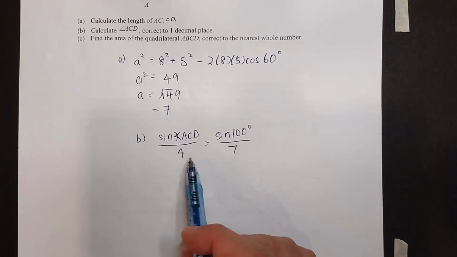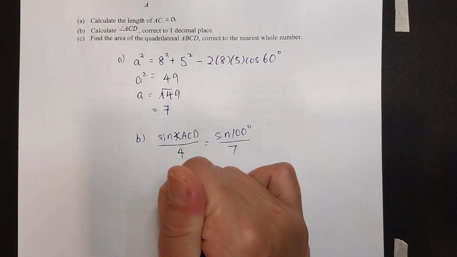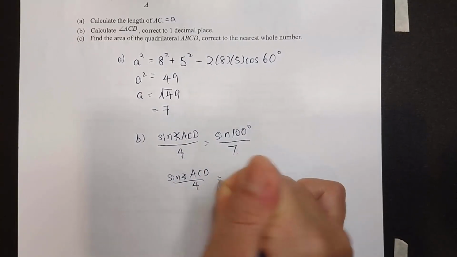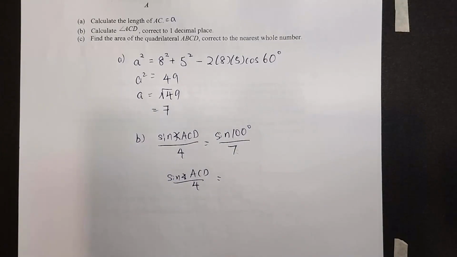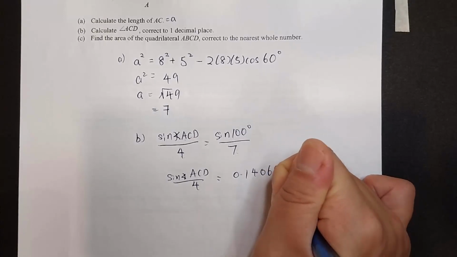What we need to do is cross multiply the 4. So sine angle ACD over 4. Let's press this first. Sine 100 divided by 7, we will get 0.14069.